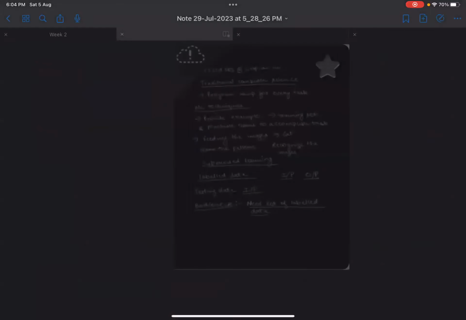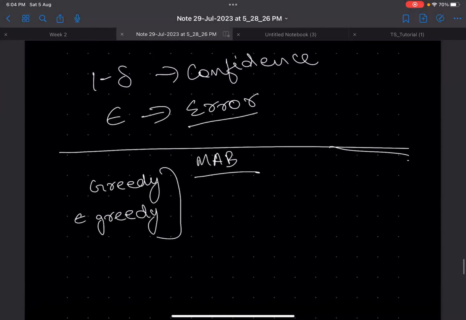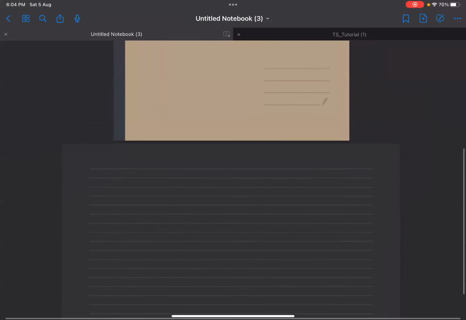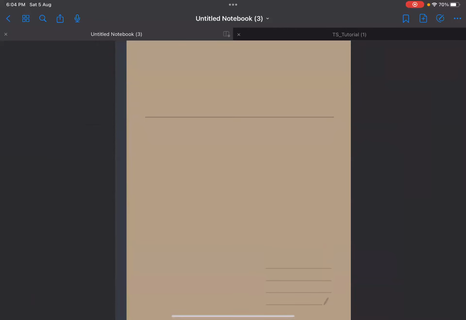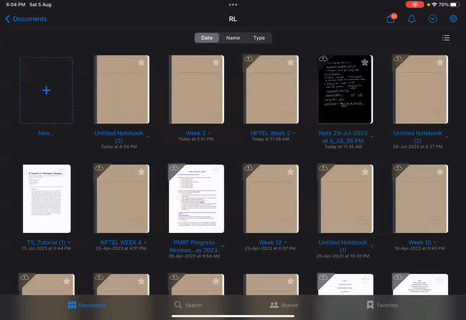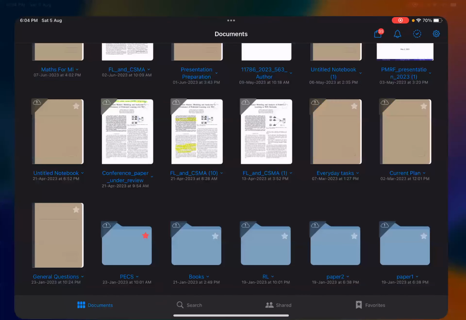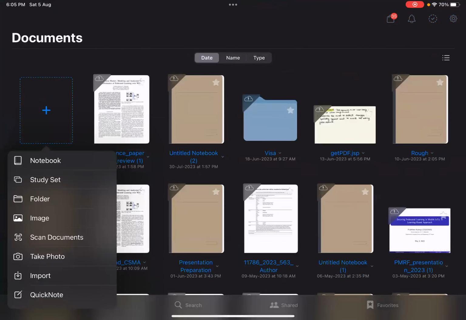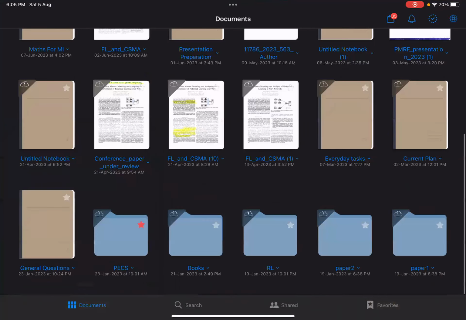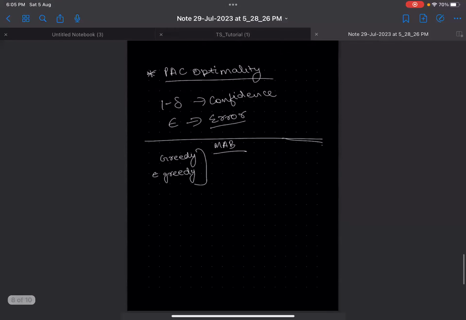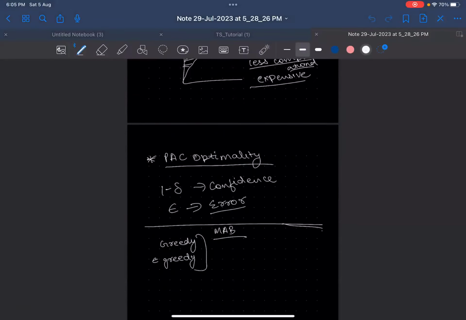Just hold for a minute. Madam, if you are using Apple Pencil, probably you have to connect it to Bluetooth. Yes, it's connected actually. And maybe charge. It's charged as well as connected, 100% charged. That is what I'm looking at, why it's not working. Okay.